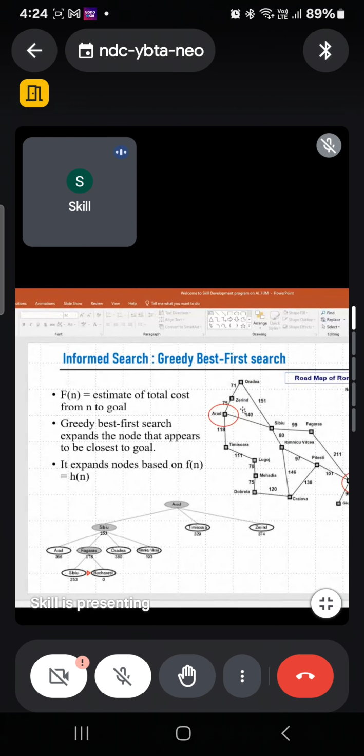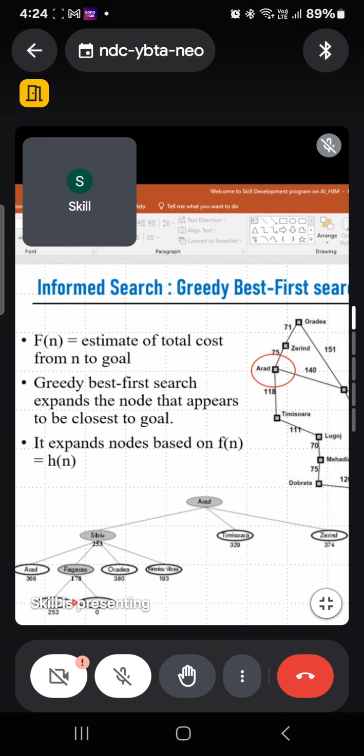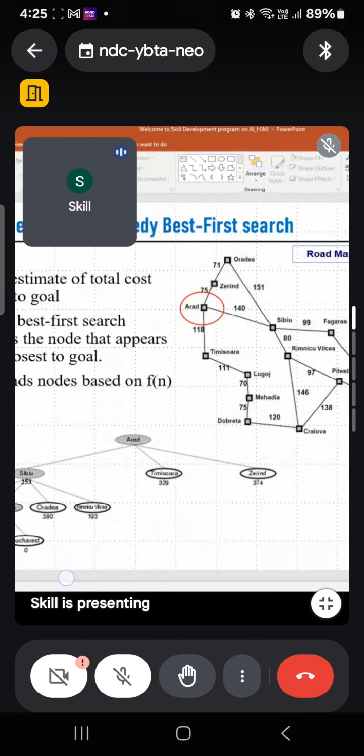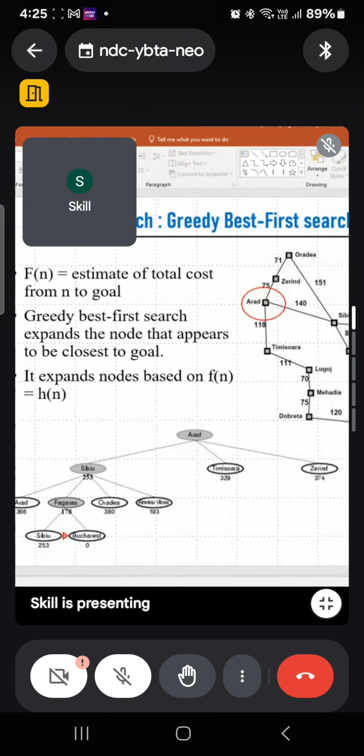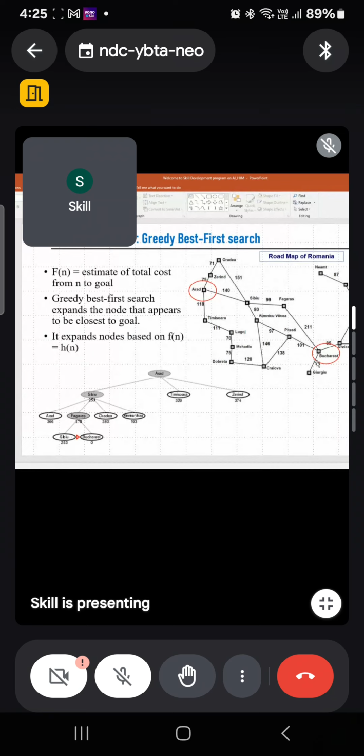It can be reached by road in various types of routes. So this type of distance is written here, and these are all the straight line distances directly to Bucharest. So how can we use this informed greedy best first search? I will just share.